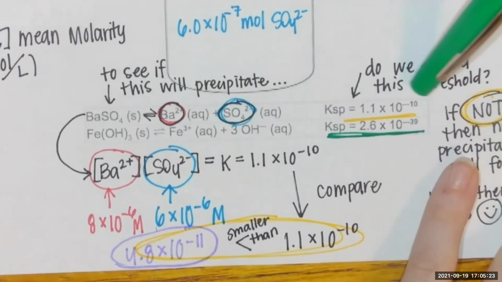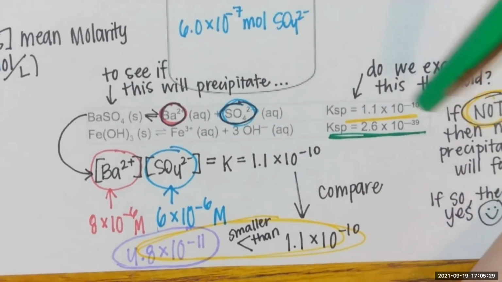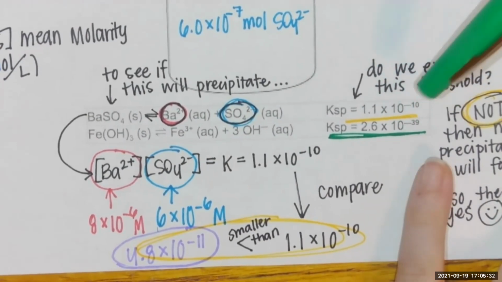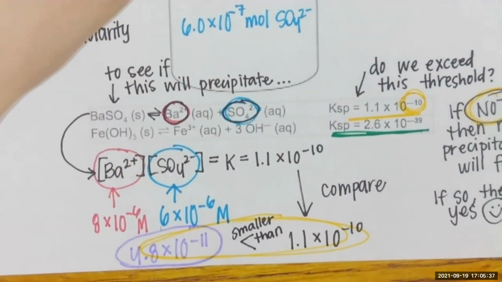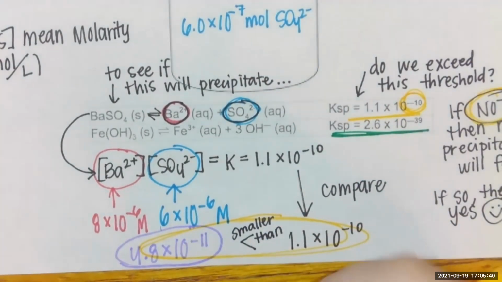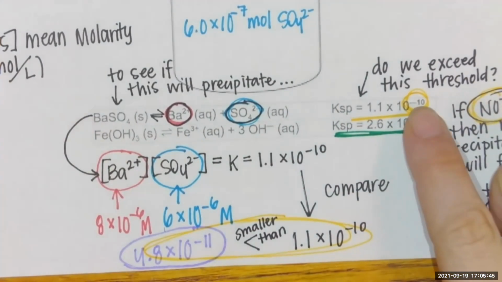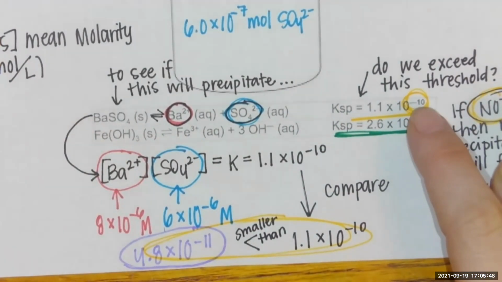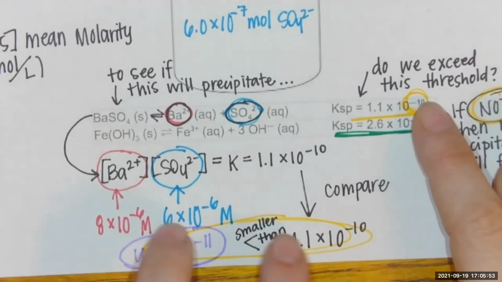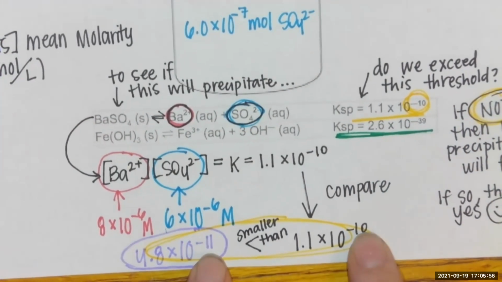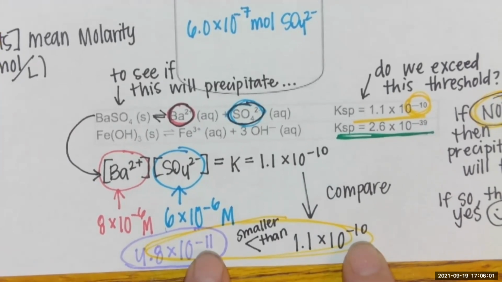As a general rule, if your threshold is between 10 to the -5 and 10 to the -15, you should do the math to double check and see. Because notice we were really close to the threshold. So you should for sure actually do the math.